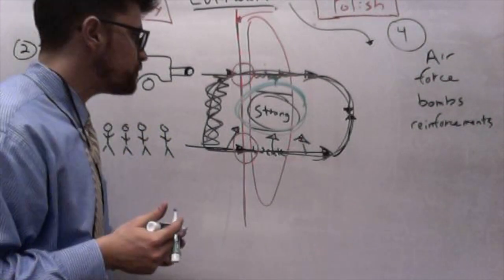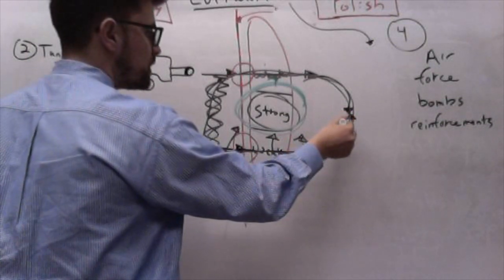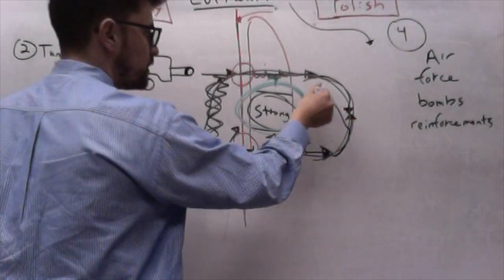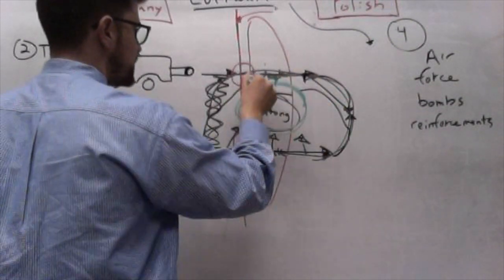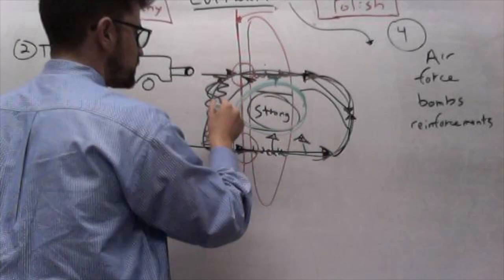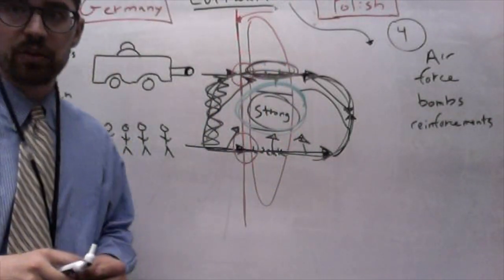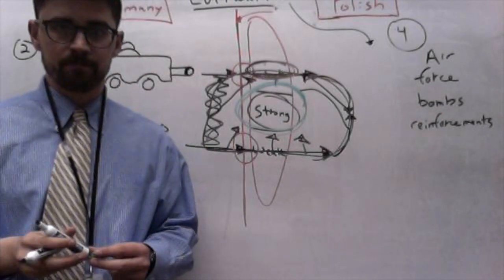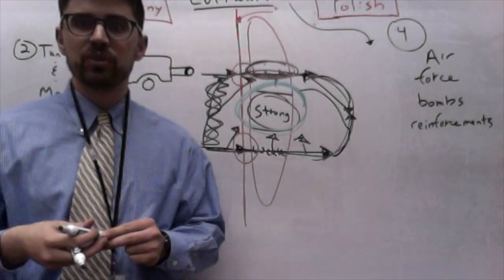Also, what they could do is take troops from this part and bring them to here to reinforce this part of the German encirclement. So either way, it's not looking too good for the Poles.